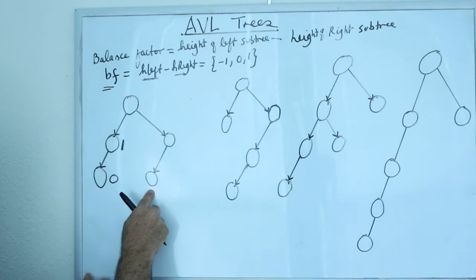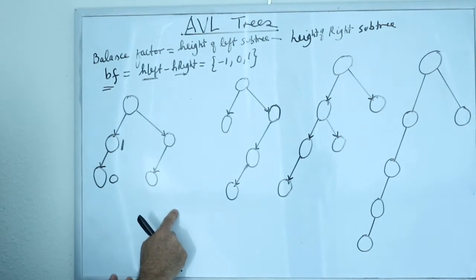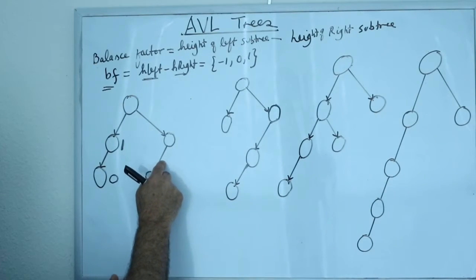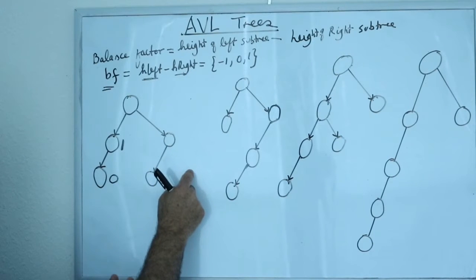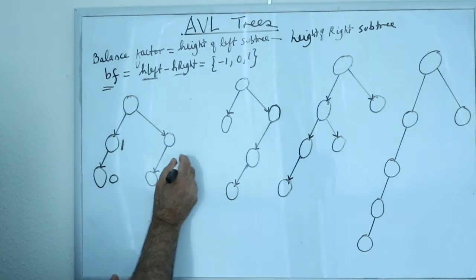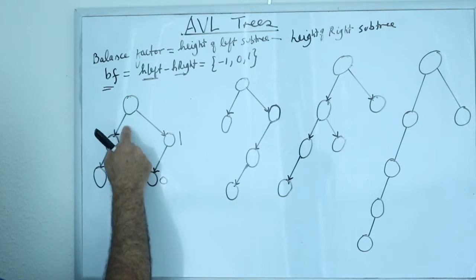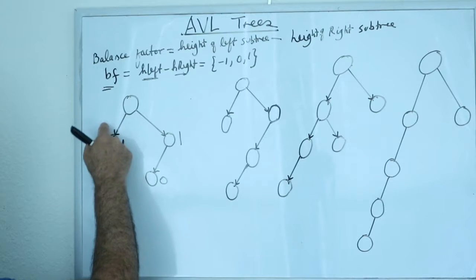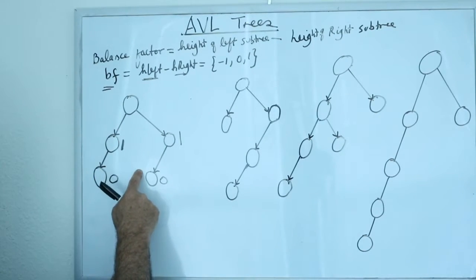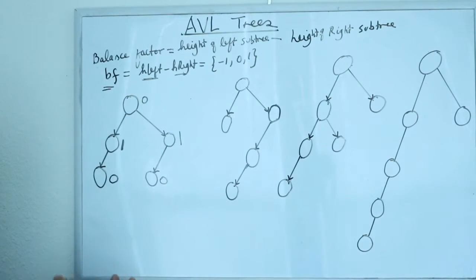This one has a 0 left subtree and 0 right subtree, so that's a 0. This one also has 1 left subtree, 0 right subtree, so it would be 1. Now if I look at this part here, the depth is 2 for the left subtree and also 2 for the right, so 2 minus 2 is a 0.